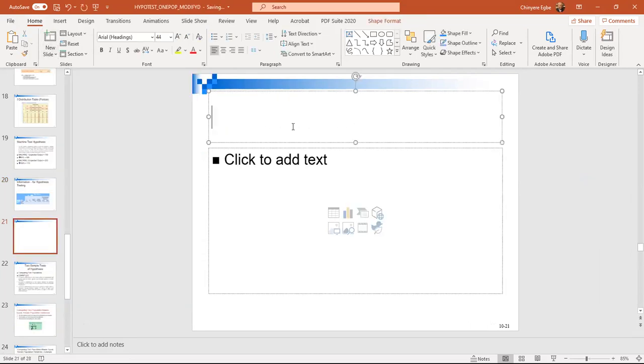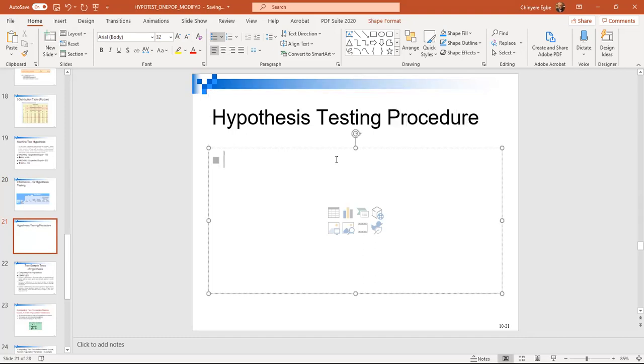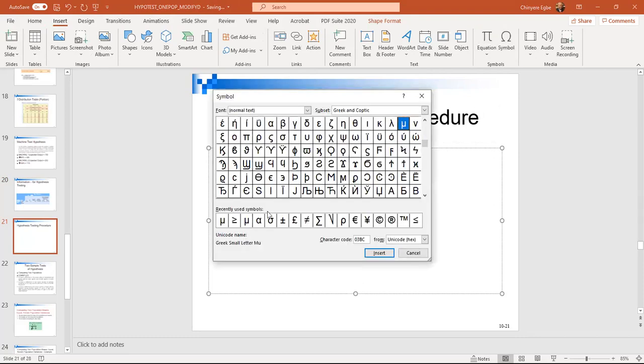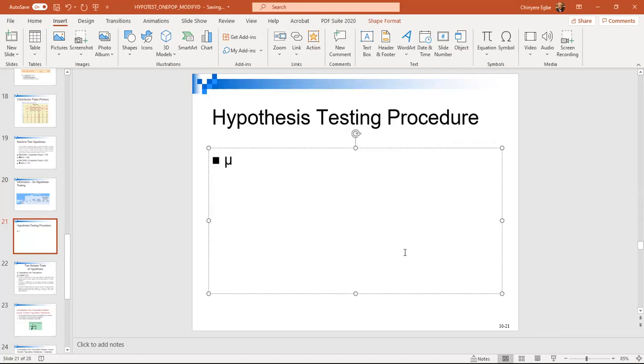So we have that information, hypothesis testing procedure. Okay, we have that mu, what we expect, is 595. That's what we're testing.